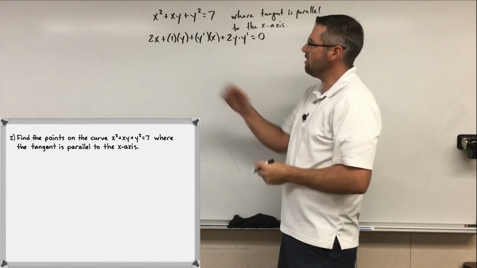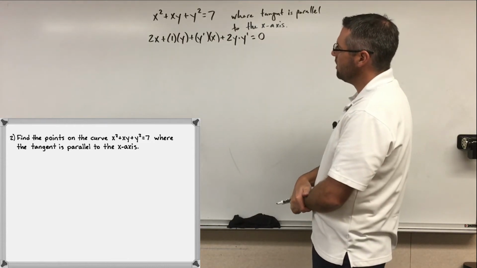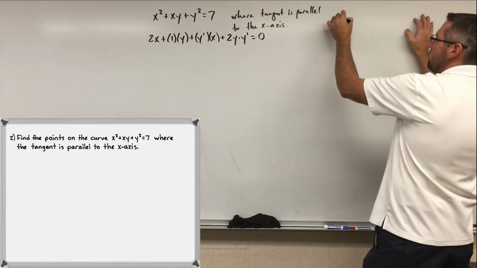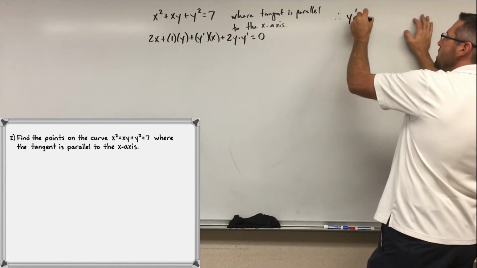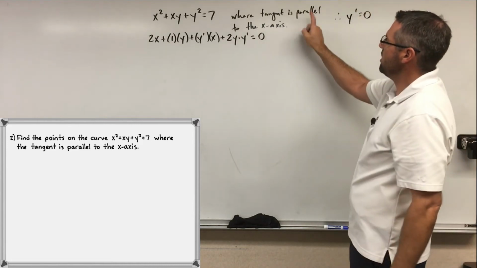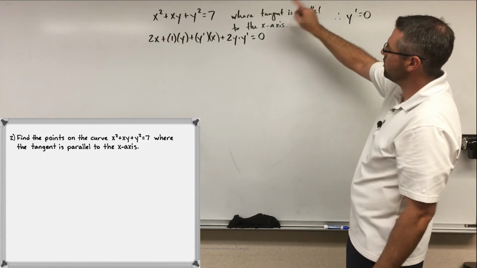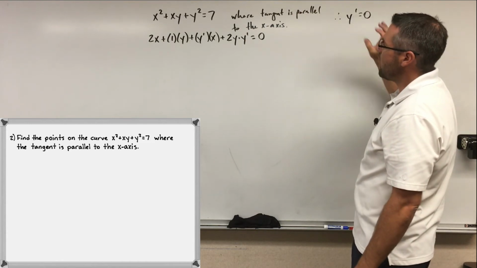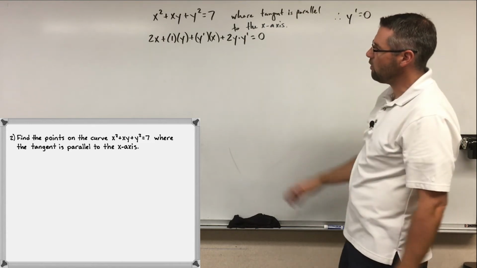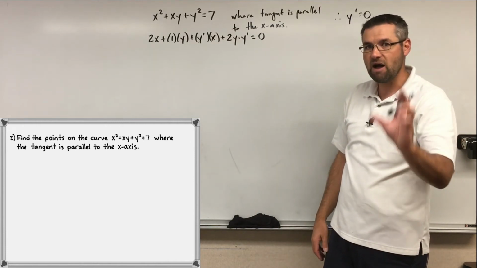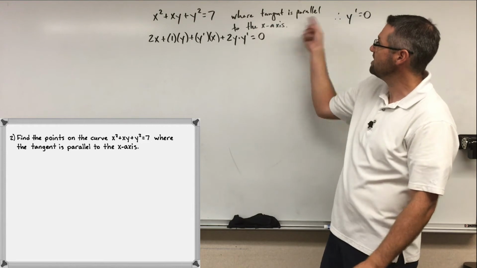So there we have an equation, and we are looking for, let me go ahead and translate, therefore, when y prime equals 0. If it's parallel to the x-axis, that means the slope is 0, which means the derivative is equal to 0. So I could make this really easy. I don't have to even solve for y prime. The problem did not say find y prime. It said find this.